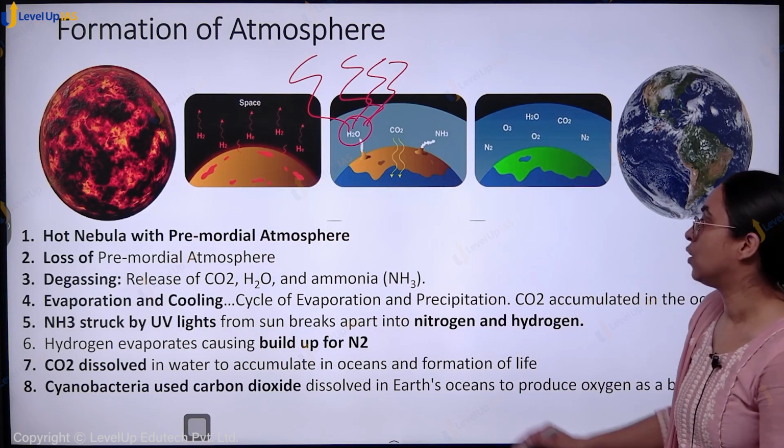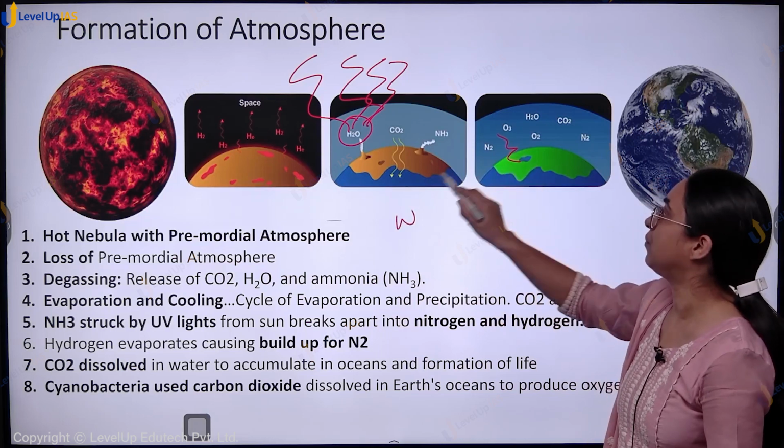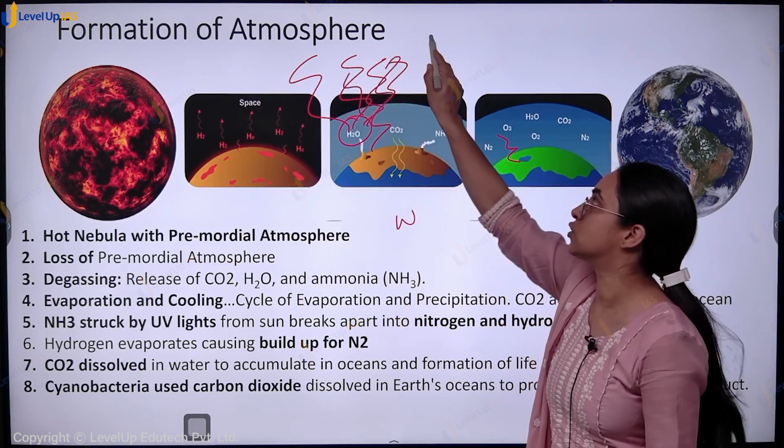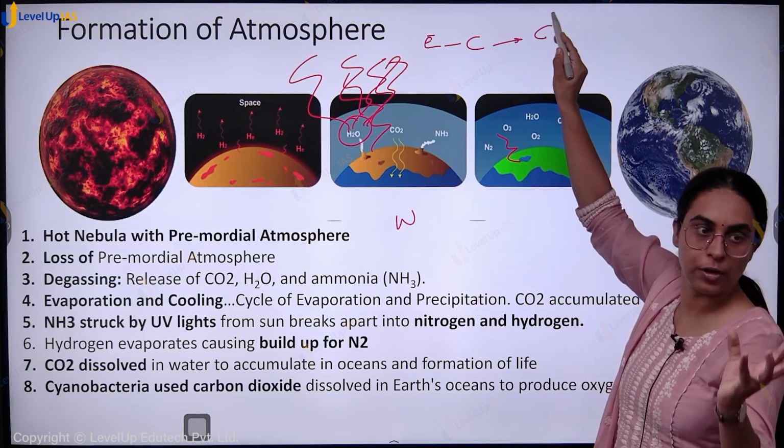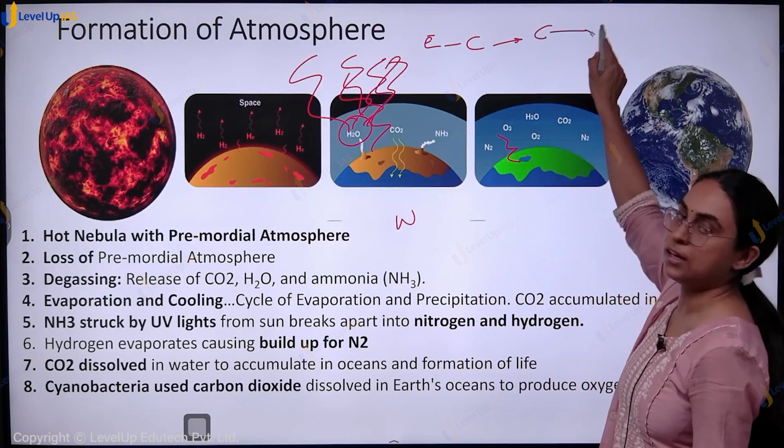Okay, what is happening? Water vapor is evaporating. As it is evaporating, it is cooling. As it is cooling, it is condensing. Conversion of water vapor into water droplet. And then there is precipitation.